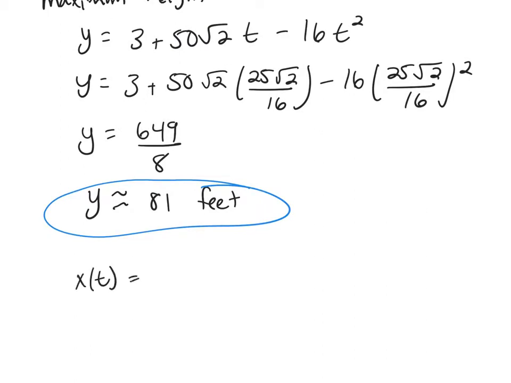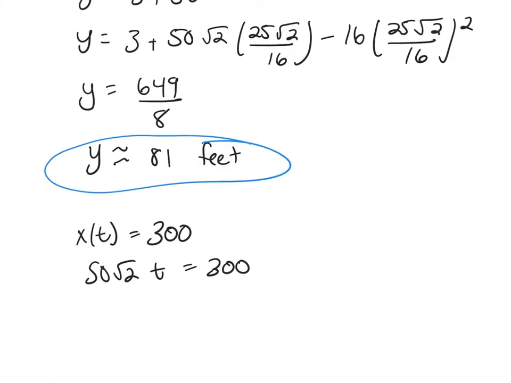So I'm going to set x of t equal to 300, because the fence is 300 feet away. x of t is 50 square roots of 2 t. So if you solve for t here, you get t is 3 over the square root of 2, which is approximately 4.24 seconds.